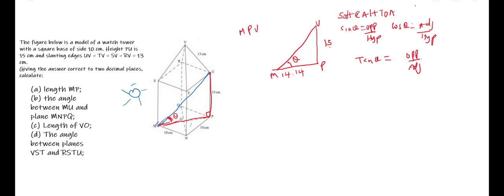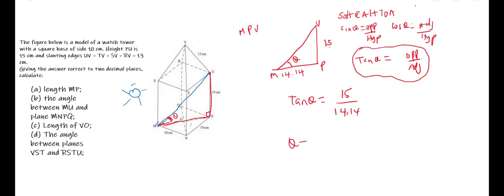So the trigonometric ratio that suits us best is tan theta. Tan theta equals opposite, the side opposite to this angle theta is side UP, which is 15, divided by the adjacent side, the side close to this angle, is MP, which is 14.14.